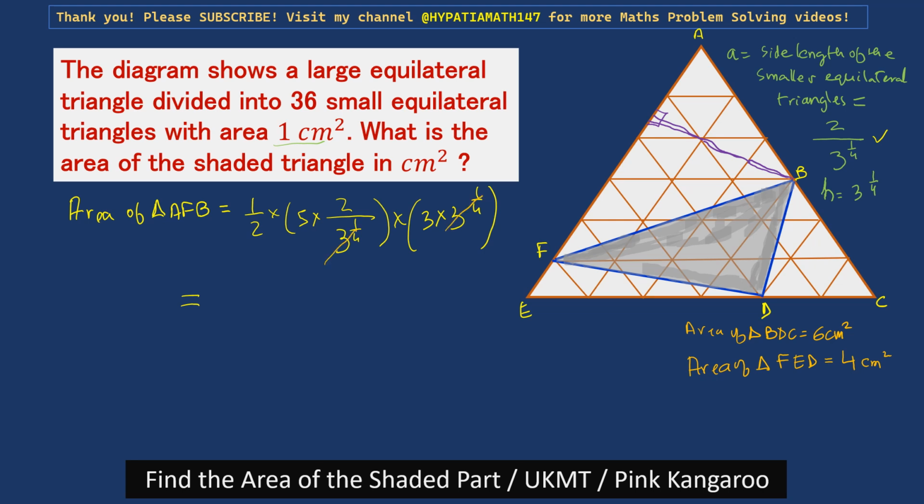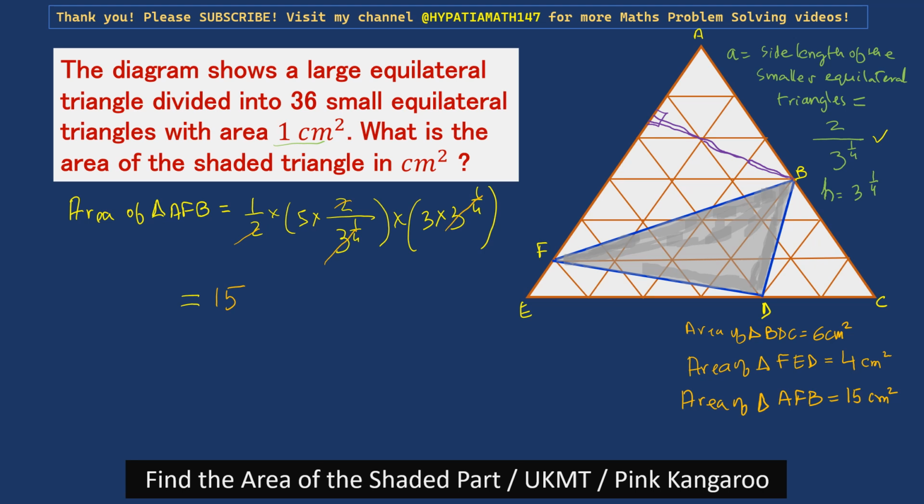The 3 to the power 1 out of 4 would cancel out, and the 2 and 2 go, and 5 times 3 is 15. So the area of triangle AFB would be equal to 15 centimeters square.